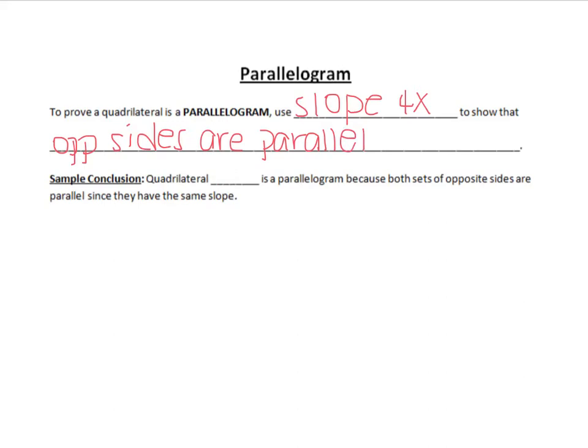In that blank space there is where you'd put the name of the quadrilateral, whatever 4 letters they tell you in the question. So quadrilateral ABCD is a parallelogram because both sets of opposite sides are parallel since they have the same slope. You want to remember to relate it back to why you are actually doing the slope formula. Okay, so talk about whether you found parallel lines or perpendicular lines or if it happens to be both.